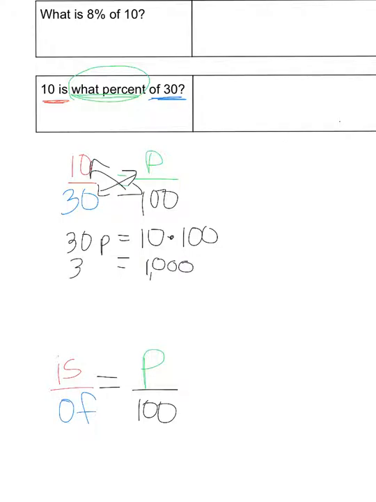And 30 times P is just 30 times P. Now I need to get P by itself to figure out what my percent is. So since I have 30 times P, I have to divide both sides by 30 because that is the opposite. So now I'm left with P is equal to 1,000 divided by 30, which is 33.3.